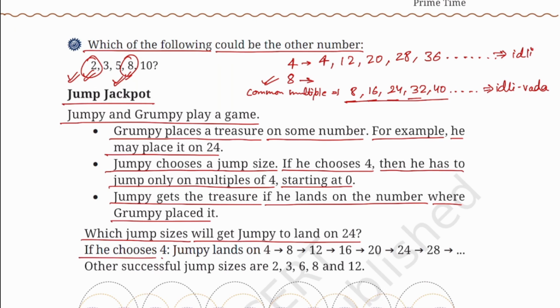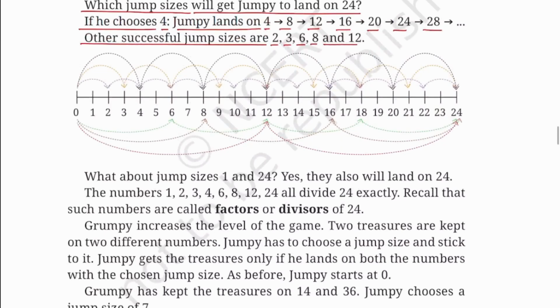If he chooses 4, Jumpy lands on 4, 8, 12, 16, 20, 24, 28, and so on. Other successful jump sizes are 2, 3, 6, 8, and 12. You can see on this number line. Jump size 2 will take you to 24.